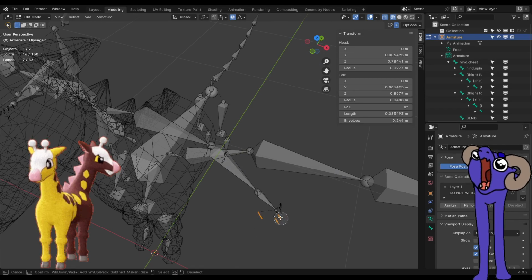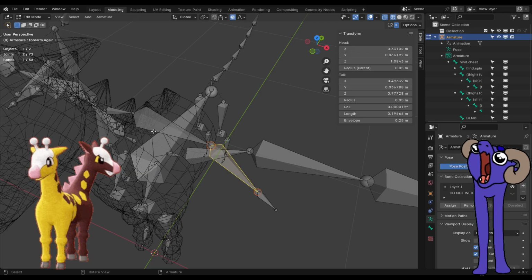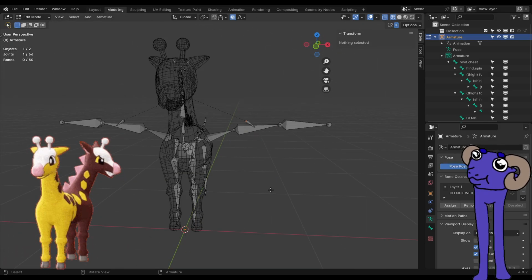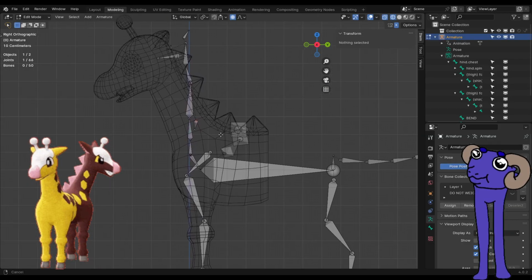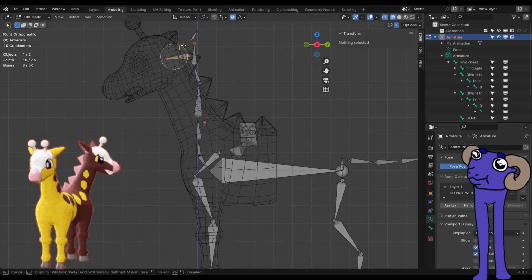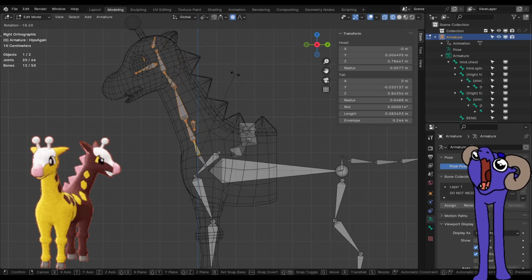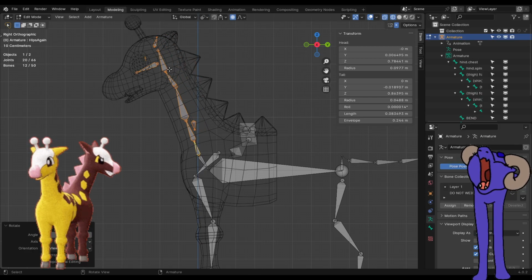As we were saying before, we do not need fingers. And we also don't need any of these bones. And we want to move from the active element down like that.